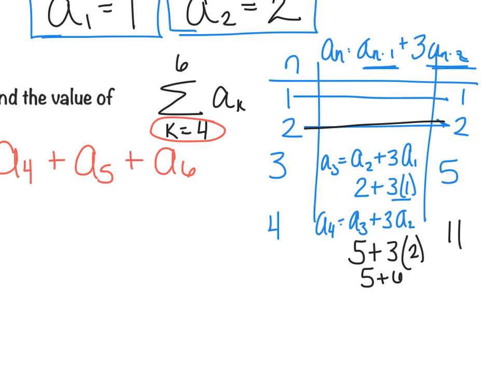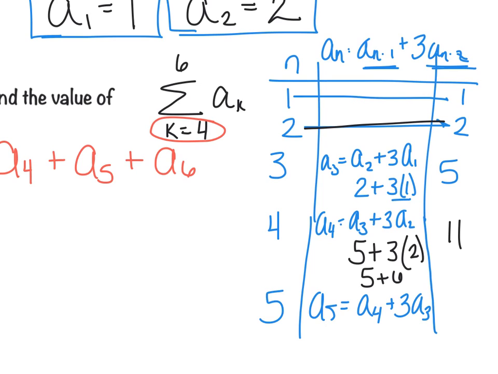All right, now I'll need the fifth term. So a sub 5 is equal to a sub 5 minus 1, so that's a sub 4, plus 3 times a sub 5 minus 2, so that's a sub 3. So let's see, a sub 4 we just had is 11 plus 3 times a sub 3, which is 5. So that's going to be 11 plus 15, which gets me 26.